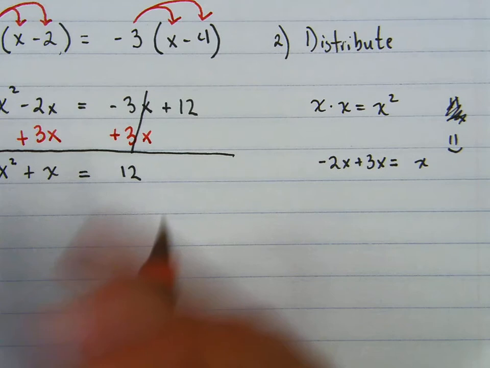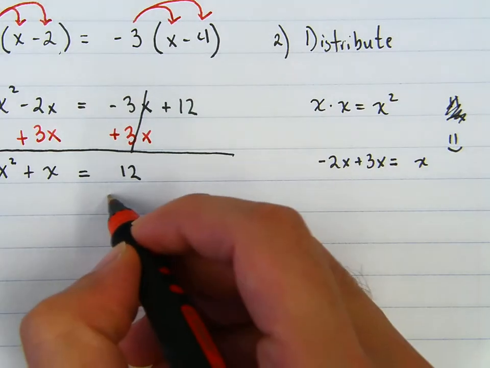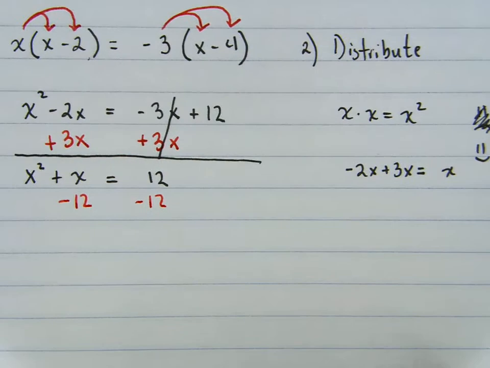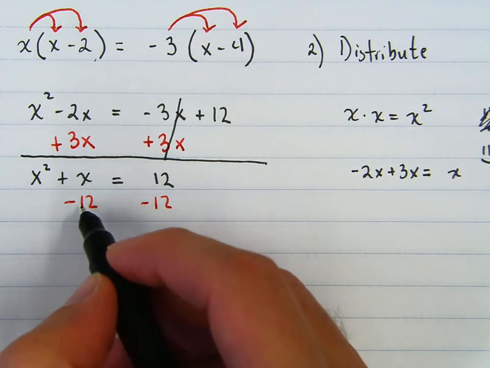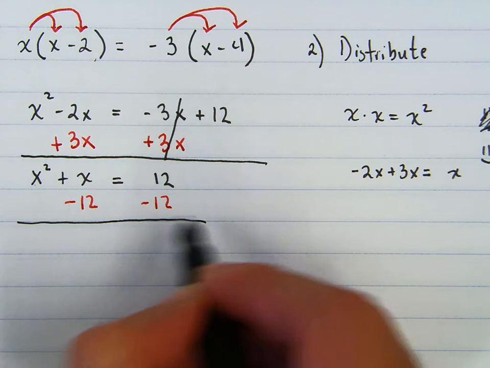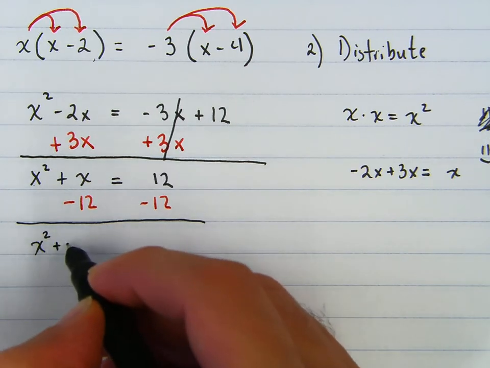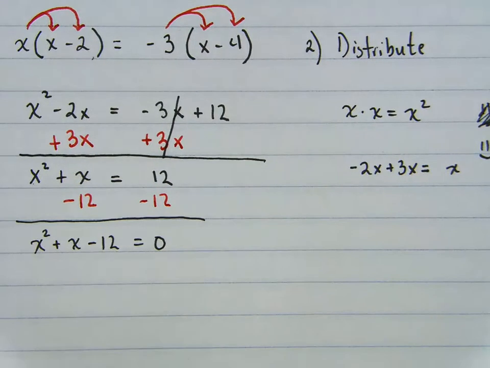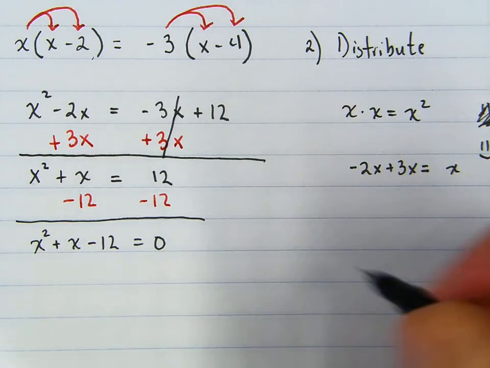How do I make this 12 become a 0? I say minus 12, minus 12. Can I combine the minus 12 with either the x squared or the x? You cannot, so you just leave it. It's going to be x squared plus x minus 12 equals 0. So congratulations, you have 0.